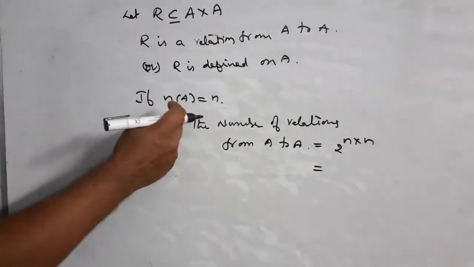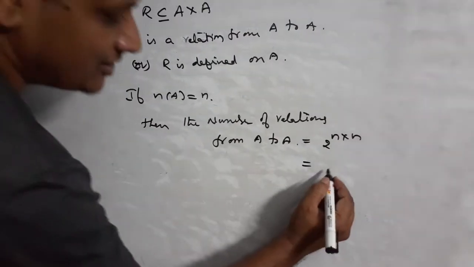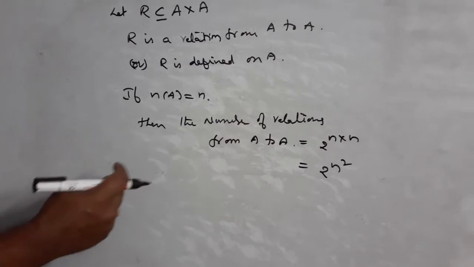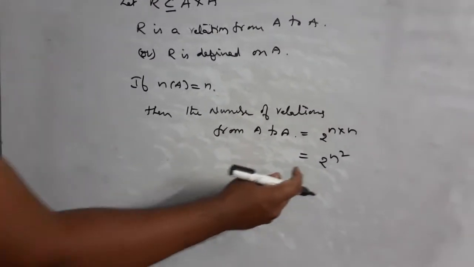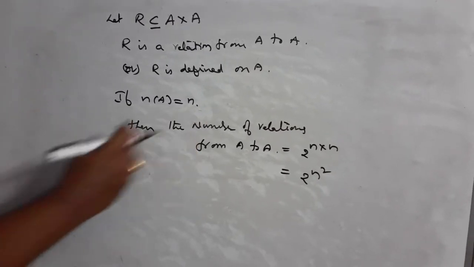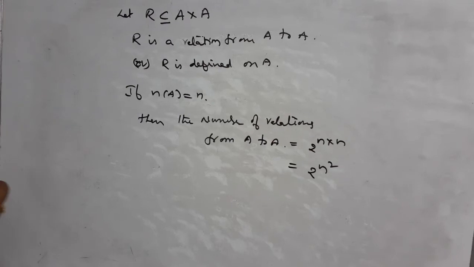The number of elements in A is n, and the other number of elements in A is also n, so we get 2 to the power of n square. So the number of relations from A to A is 2 to the power of n square.